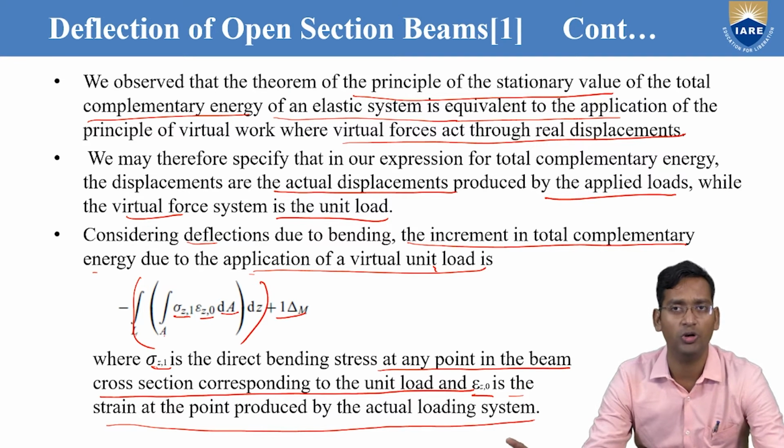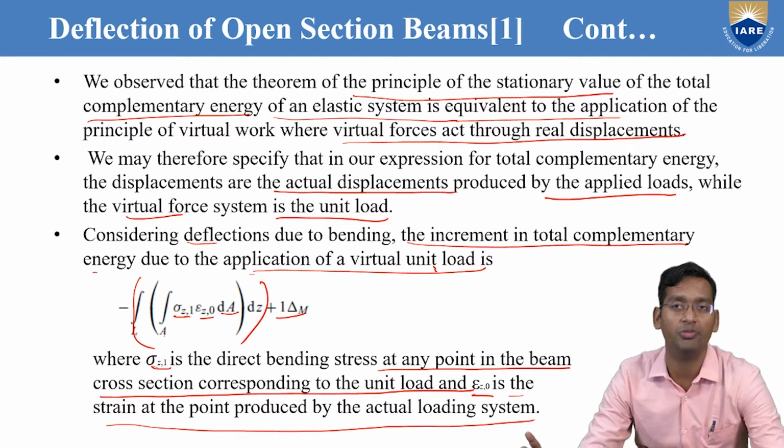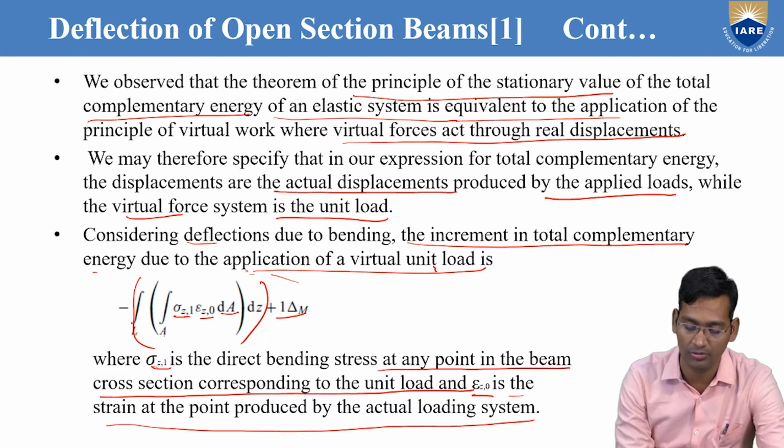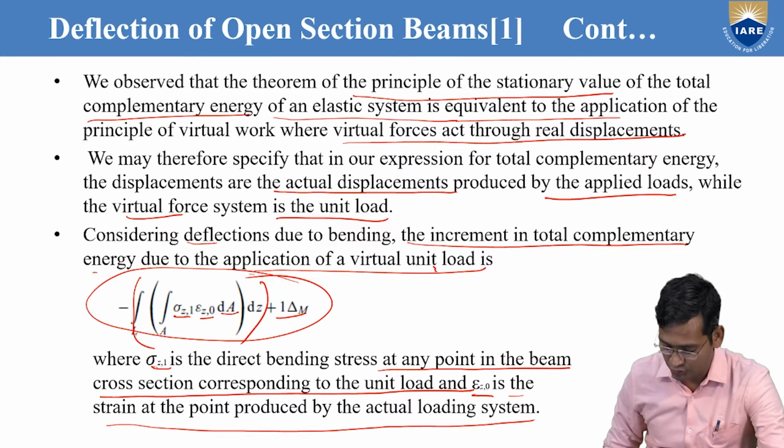So similarly here 1 delta m is the displacement because of the unit load, displacement for unit load because of the moment, that is this one. So this will be the overall deflection equation due to bending.